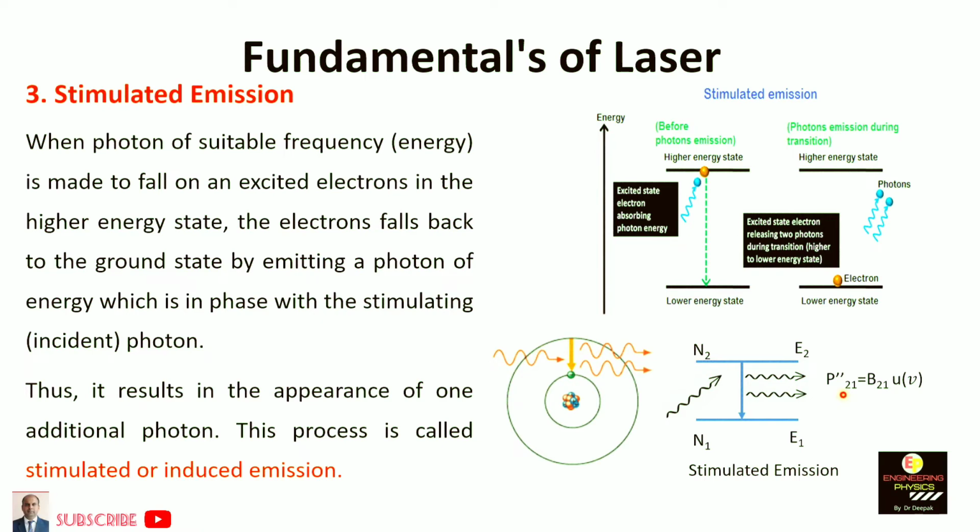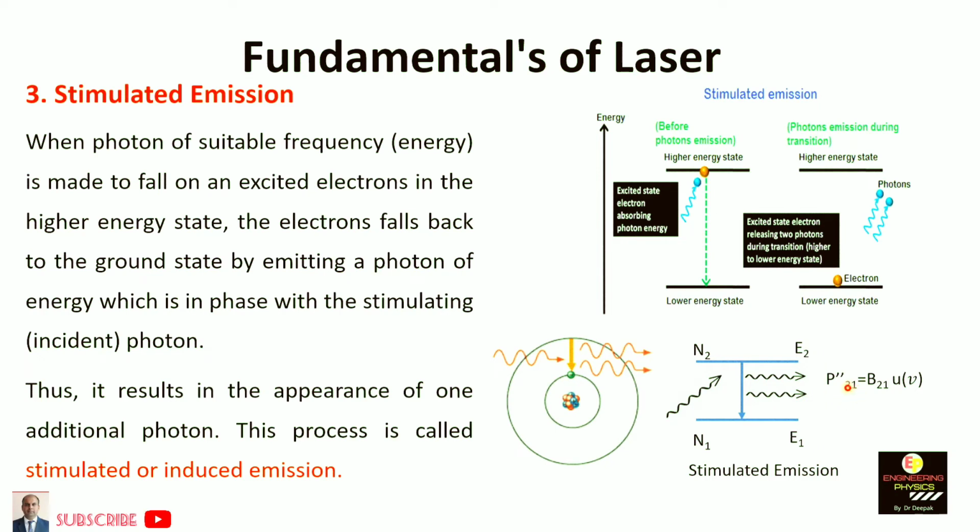In terms of the equation, we are using here P double dash 21, the probability from state 2 to 1, excited state to the ground state, which is equal to B21 U nu, where we use an external source of energy to induce the electron in the excited state, and the emitted photon has energy which is in phase with the stimulating incident photon. This results in the appearance of one additional photon. This process is called stimulated or induced emission.